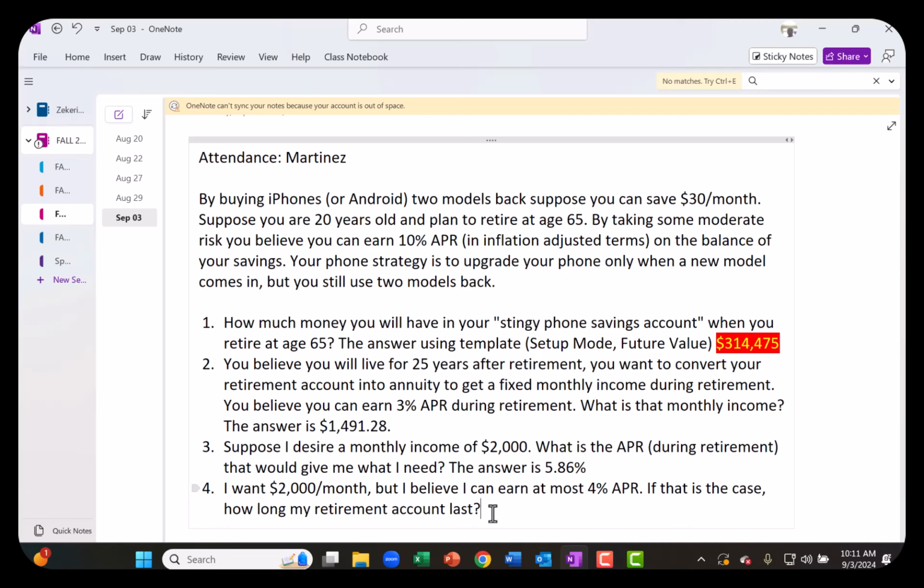I basically want to know, when am I going to run out of money? At that point, I'm going to ask my kids to take care of me or do something drastic.